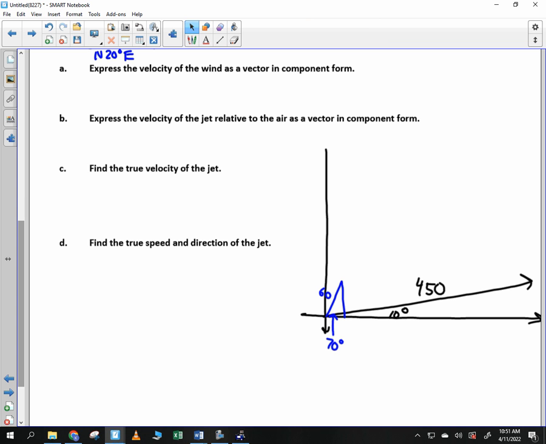So all I want to do, it sets it up for us in nice 4 steps. We're going to call that A and that B. So we want the vector expressed in component form.